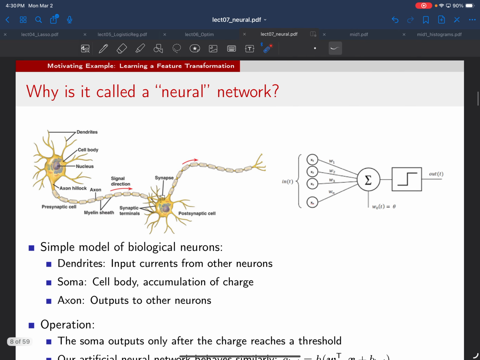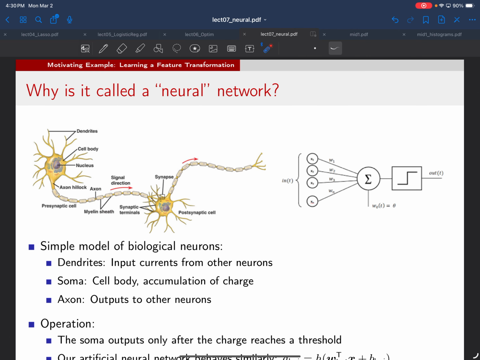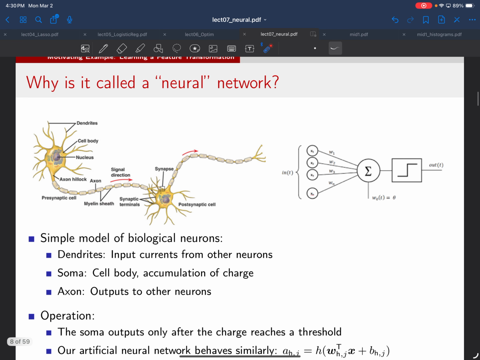All right, so maybe let's step back and talk a little bit more generally. Why is this called a neural network? Well, if you look at a very simplified model of biological neurons, basically each neuron has these things called dendrites, which take in input currents from other neurons.